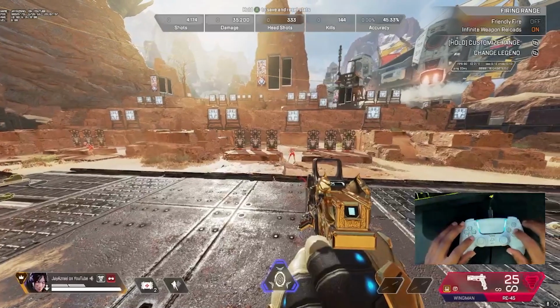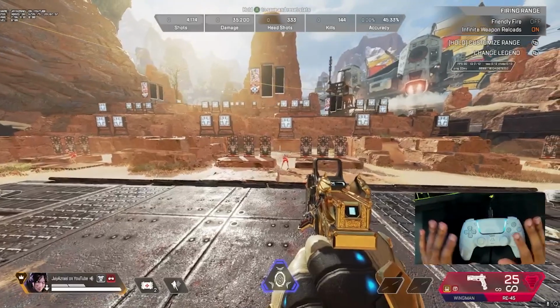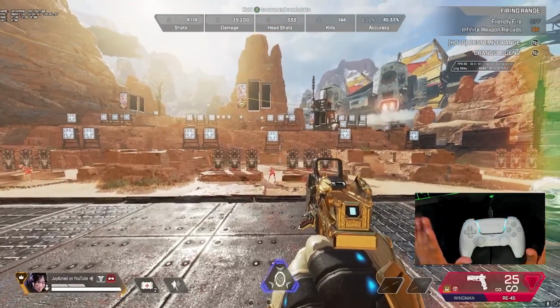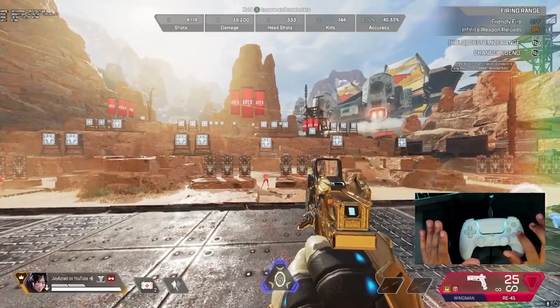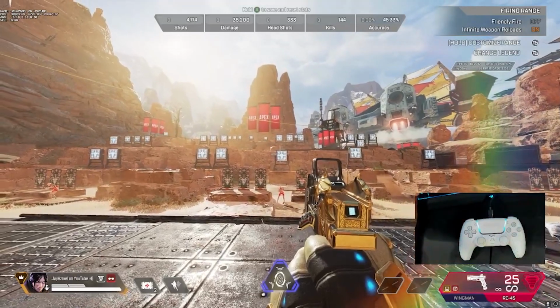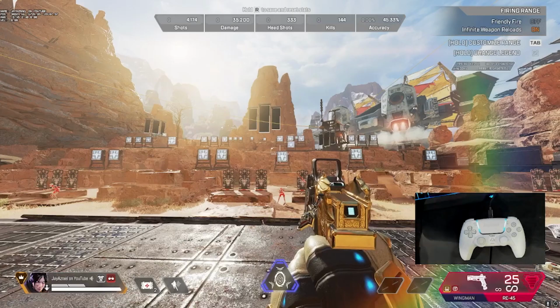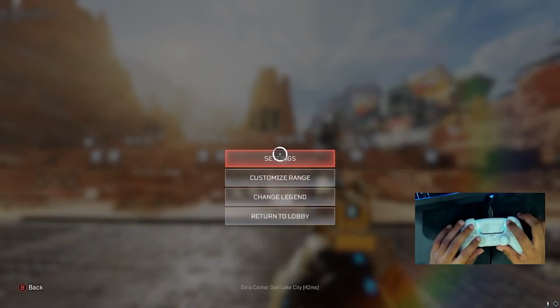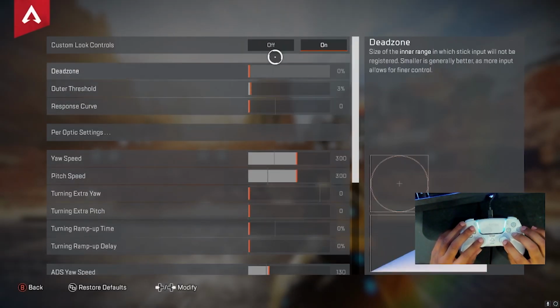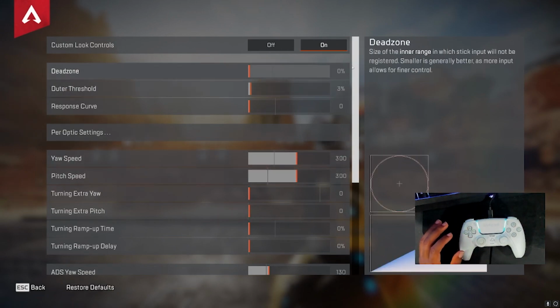Just take a look at mine. Notice how when my controller is not being touched at all, it drifts a little bit to the upper right. And when I place my hand on it and move it, it still continues to drift. The dead zone is there to combat that type of movement. Now if you look at the diagram over to the right, picture this white crosshair as your analog stick.